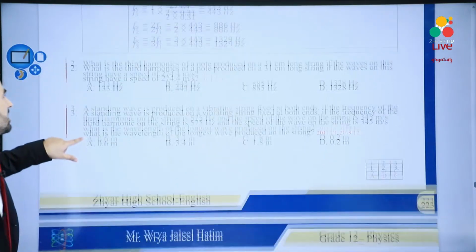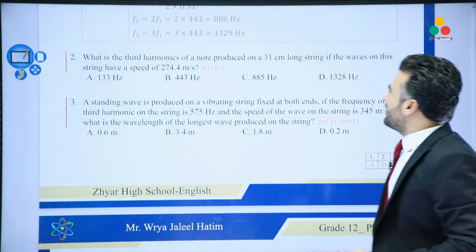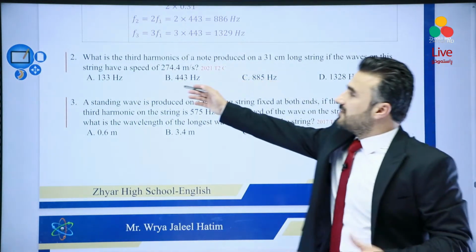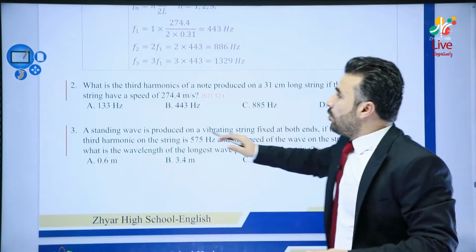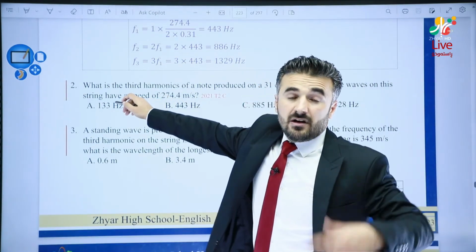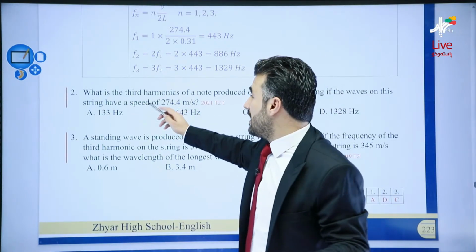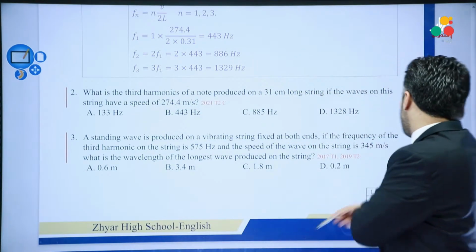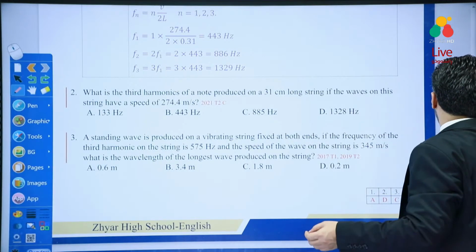All right, take a look here. It says, what is the third harmonic of a note on a 31 centimeter long string if the waves on the string have a speed of this much? That is exactly the same as this question. But remember this, they don't ask you to find the first and second harmonics. In order to find the third harmonic, as a matter of fact, you don't need the first harmonic. You can just use one equation and find the answer.